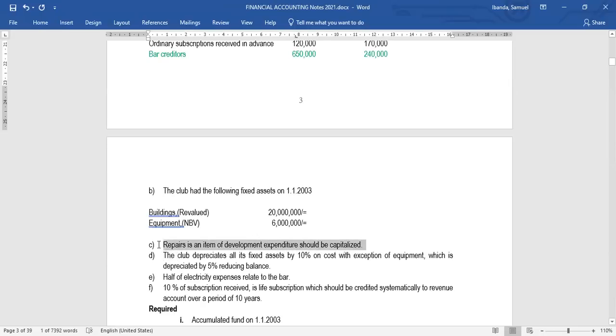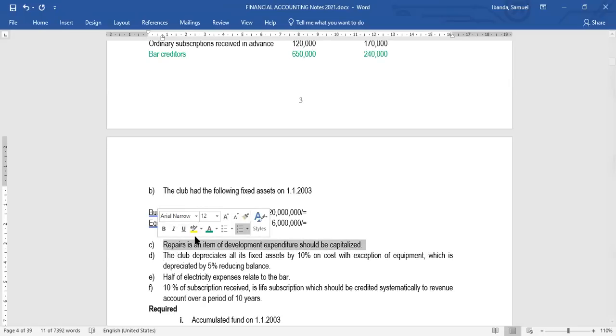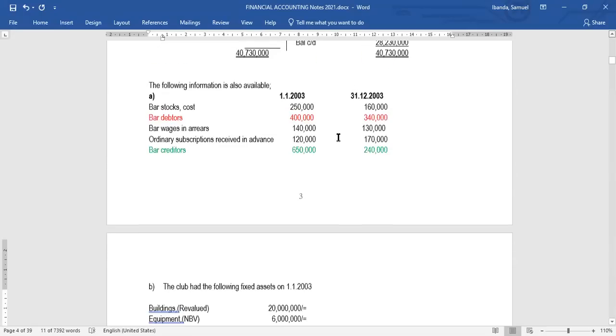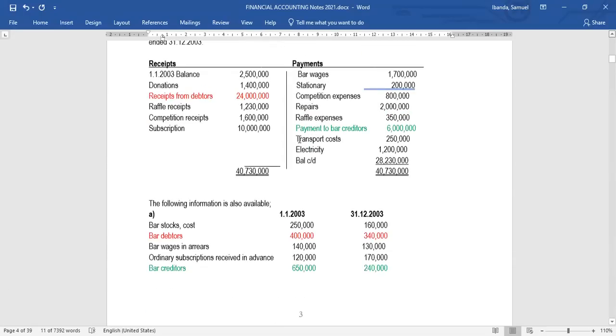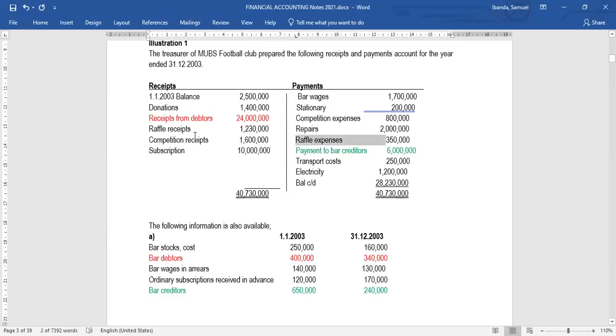So I'll not include it as an expenditure. I'll include this in my balance sheet. So repairs, I'll leave that out intentionally. Then raffle expenses, I already used this when I was calculating the net money from raffles. Payment to bar creditors, I already used this when I was determining the bar profit.